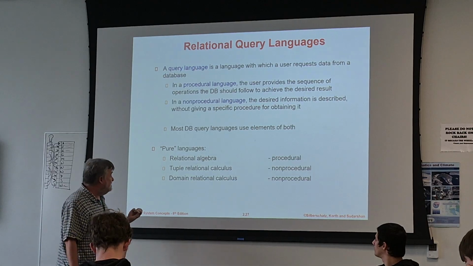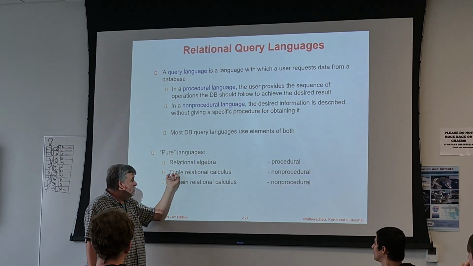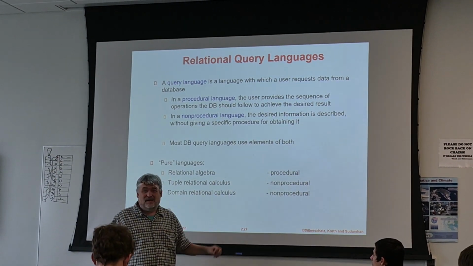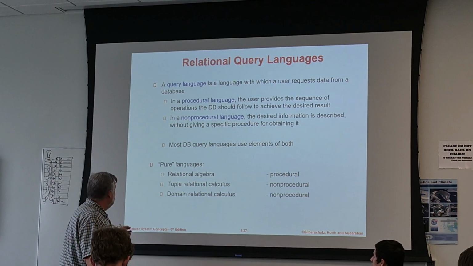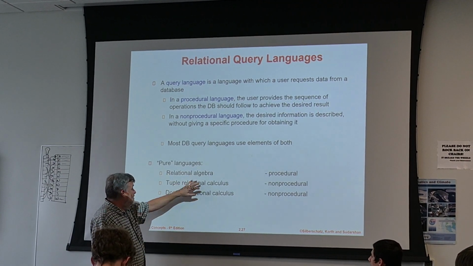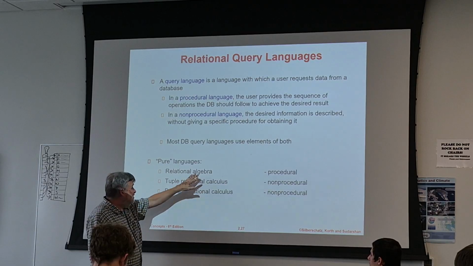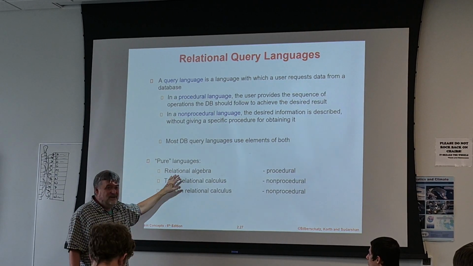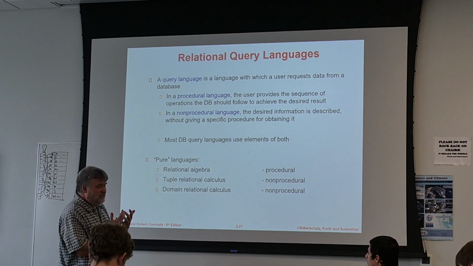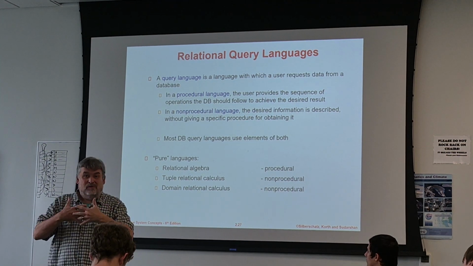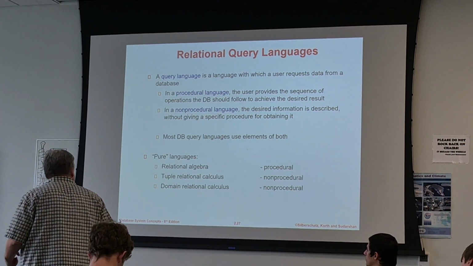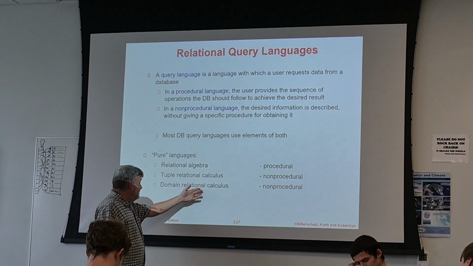Again, we're recognizing all these words, right? This is a row inside of a table, and we're going to do calculus with it. I have some passing familiarity with algebra, and I know that this has to do with relations. Tables. Algebra with tables. And then we have domain relational calculus.